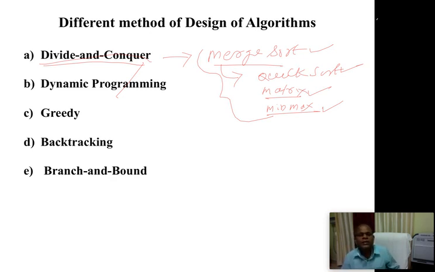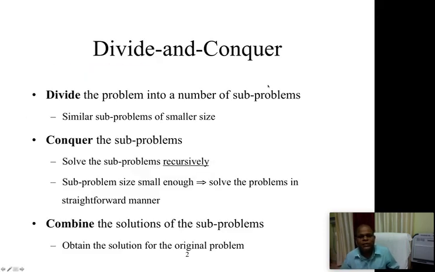Okay, hence we go to designing using divide and conquer, that is merge sort. Now, what happens in divide and conquer? As the name indicates, divide and conquer means first there will be a problem, and the problem will be divided into sub problems.